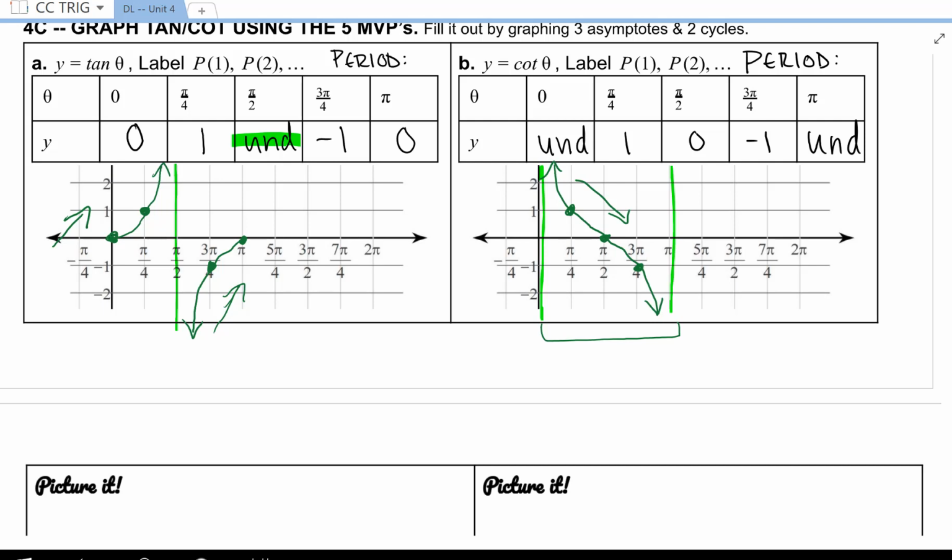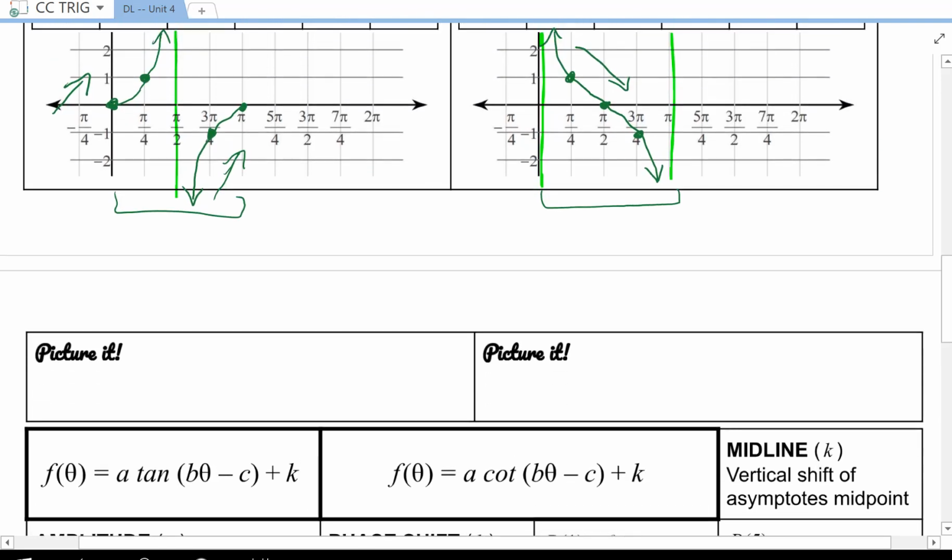That means that the period of tangent and cotangent is not the same as the period of sine and cosine. Tangent is actually one full cycle occurs in pi units. So the period of tangent is pi. Let's picture it. Tangent, our first point, here is our midline.